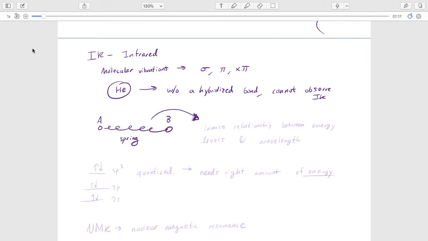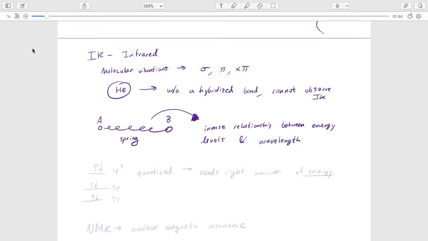So again, remember that there's an inverse relationship between energy levels and wavelength. I should mention this first.